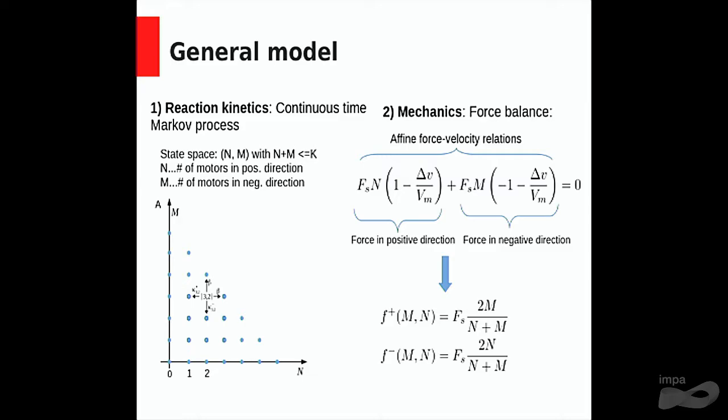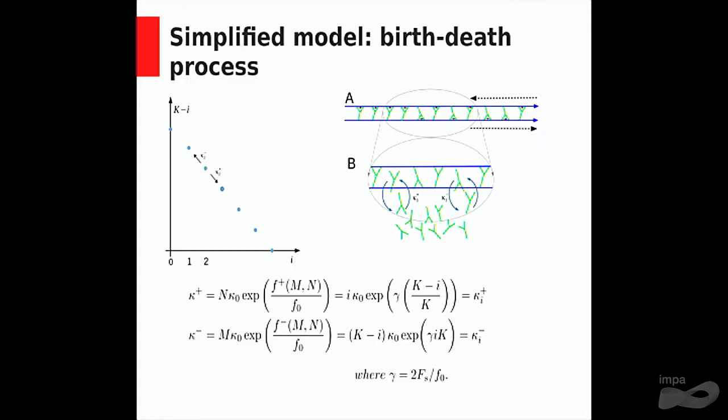That seems to be a rather realistic model, but still rather complicated when it comes to computing the switching frequency. So what we did is we simplified that even more, assuming that the total number of motors is given by a constant. That is the idea.